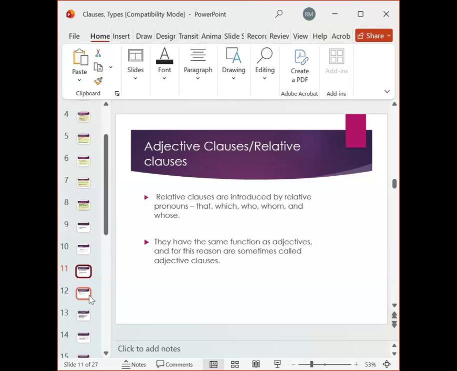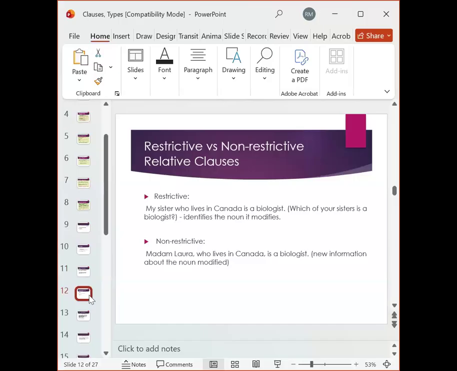Now, for the defining relative clause, usually what happens is that the defining or non-restrictive, the restrictive relative, defining restrictive, non-defining non-restrictive, okay? So for the defining relative clause, it seems to identify and modify the noun. But the non-restrictive seems to give additional information to the noun.